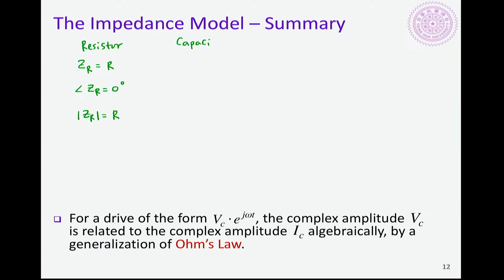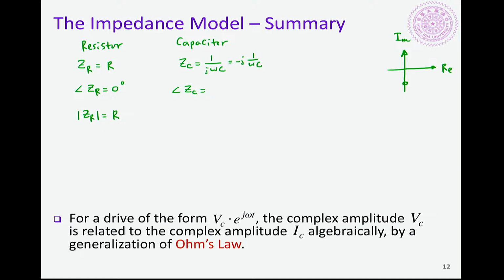If we have a capacitor, its impedance is equal to 1 over j omega c, so that the phase is equal to, 这个 phase 是什么？在这个复数的平面上面，where is 1 over j omega c？这个我们刚刚有说负 j 乘以 1 除以 omega c，right?